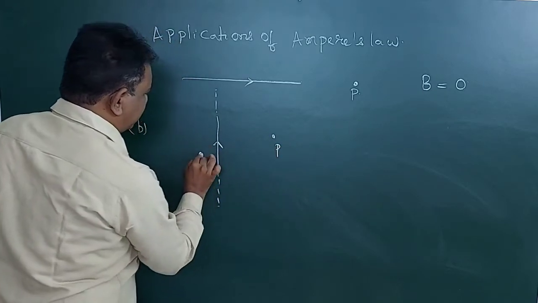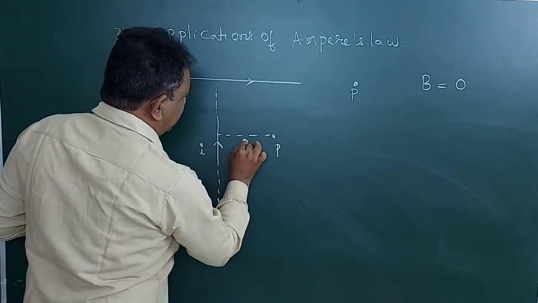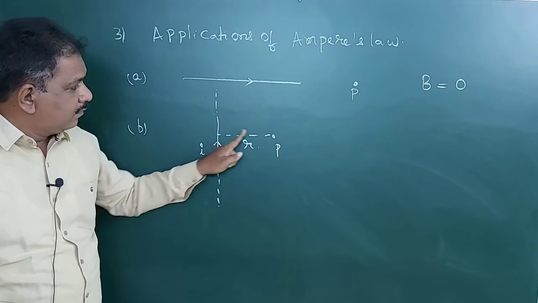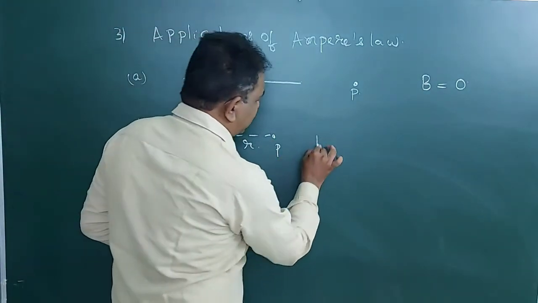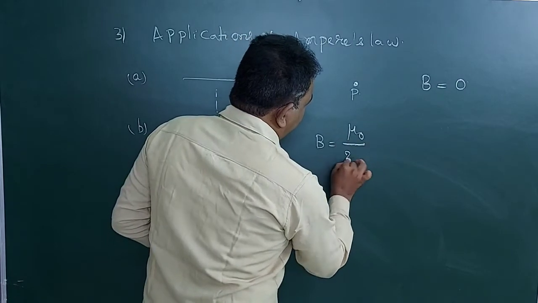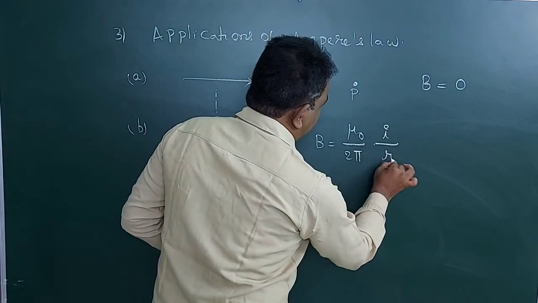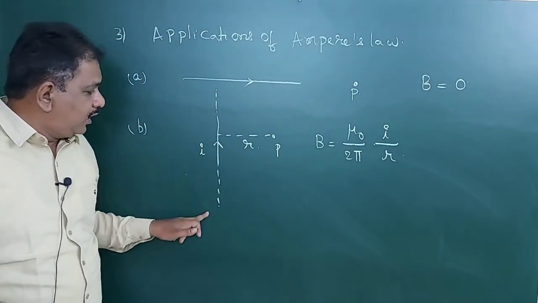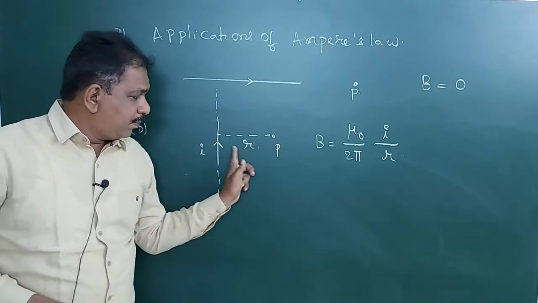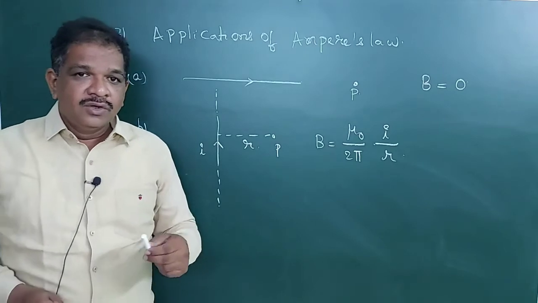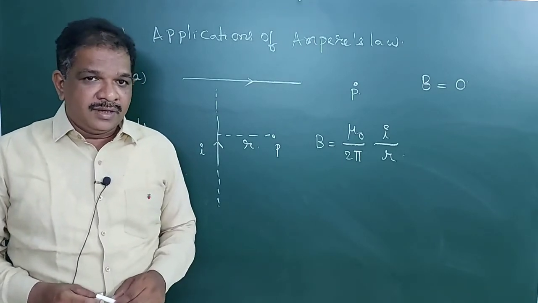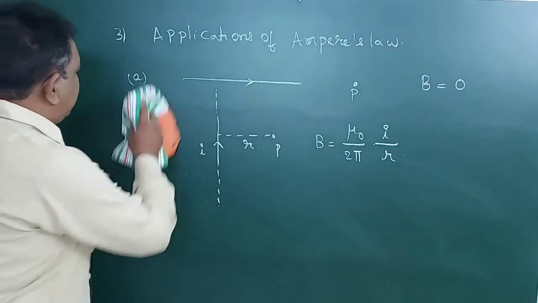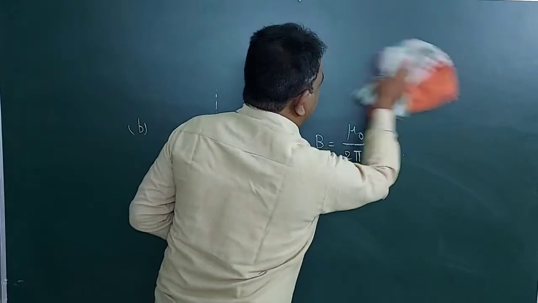The point is here, current is I, and let the perpendicular distance be R. Because of this wire, the induction will be B is equal to mu naught by 2 pi I by R. So the magnetic induction due to an infinitely long wire at a perpendicular distance R will be mu naught by 2 pi I by R. Understanding?